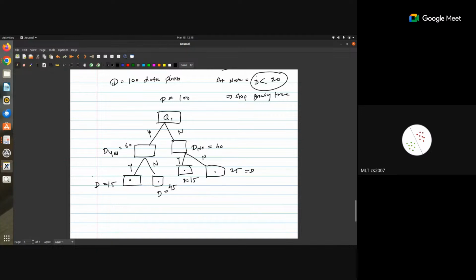So that means we are not growing the tree after this point. We'll stop at this point, even if we are not getting the entropy to 0. That means even if we are not getting the pure nodes, we are stopping at this point. That is one of the techniques to stop the tree. What does that mean? We are not trying to overfit the data. It is one of the techniques.